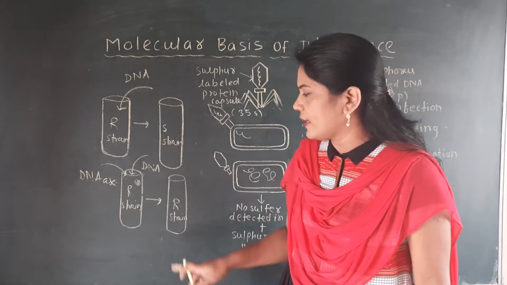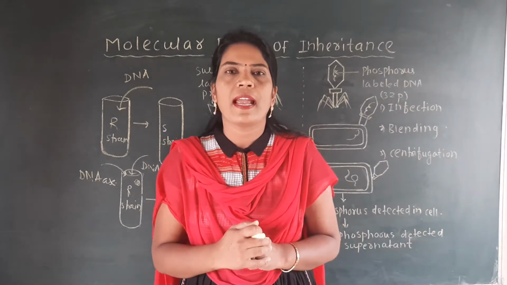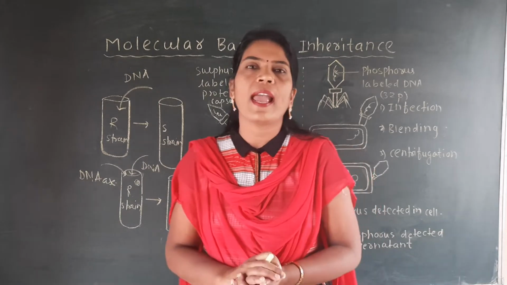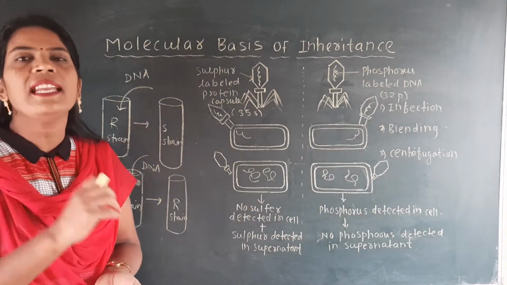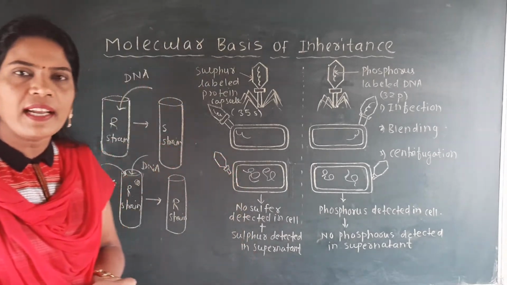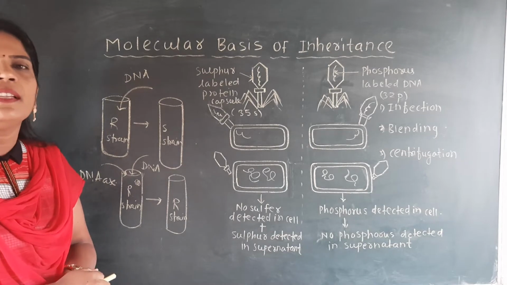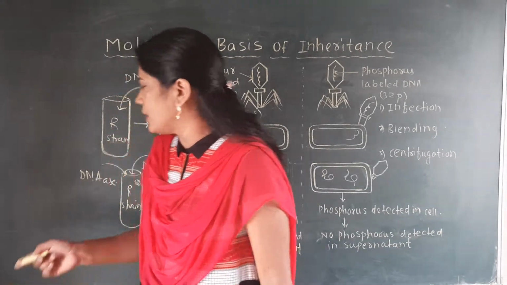They remain as R strain. This experiment also proves that the DNase enzyme has a role in the inhibition of the transformation, because DNA is the only one responsible for the transformation from R to S, and when the DNase enzyme is added with the DNA, definitely the DNase enzyme digests the DNA.